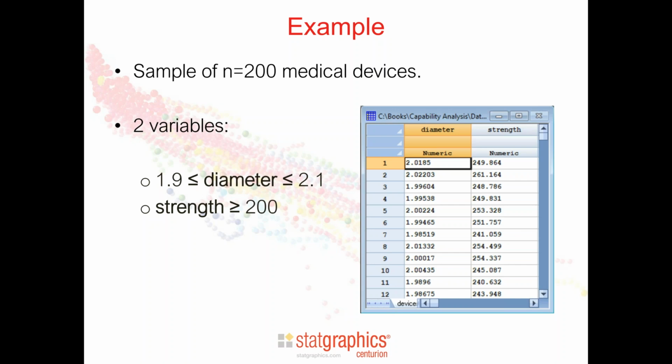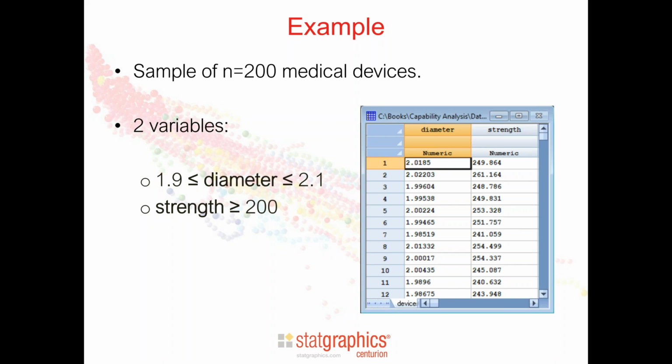Now, what I'm particularly interested in knowing is how many of my devices satisfy both of these requirements simultaneously, that is, at the same time have both diameter between 1.9 and 2.1 and strength greater or equal to 200.